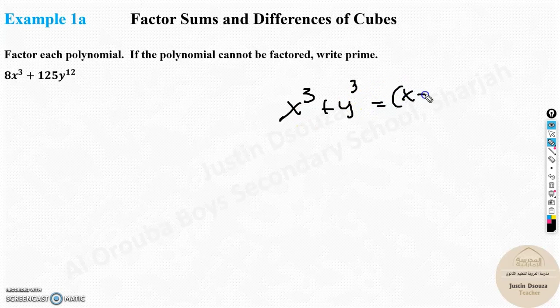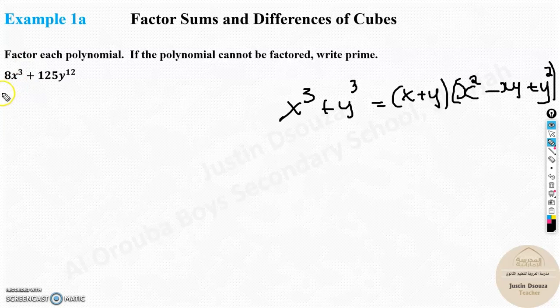It'll be (x plus y) because it's plus, and then we have x squared minus xy plus y squared.